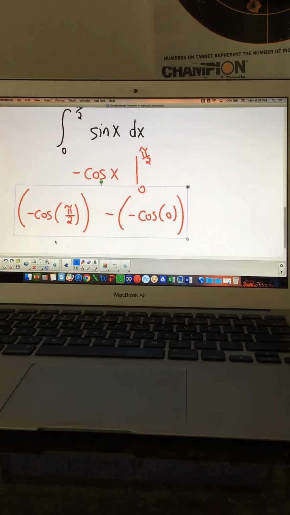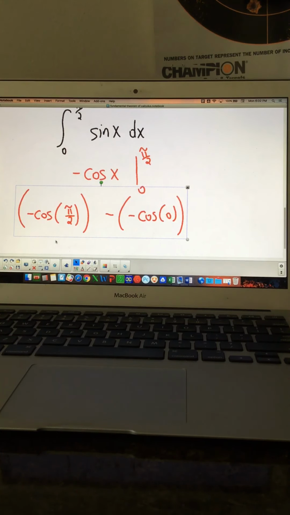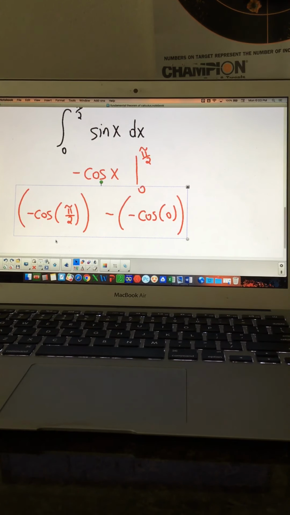Now, gotta make sure you're good with your functions, making sure you got the calculator correct. So here it's given in terms of pi, so we gotta have that calculator in radians. You'll see it most commonly, these will be given to you in radians. You will not get degrees too often.